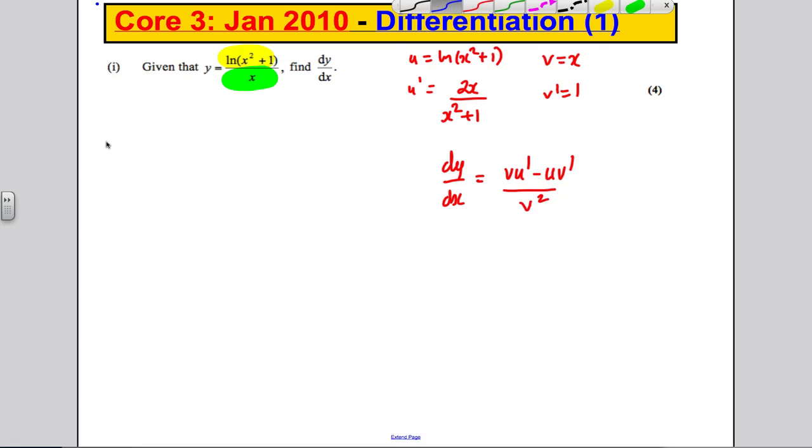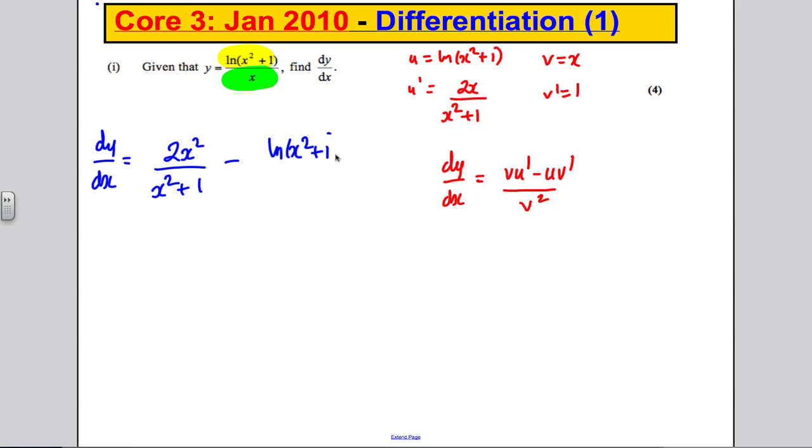So substituting in here, dy by dx is therefore equal to vu dash, well, x times this, so it would be 2x squared over x squared plus 1, subtract uv dash, which would simply be ln of x squared plus 1, all divided by v squared, which is x squared.